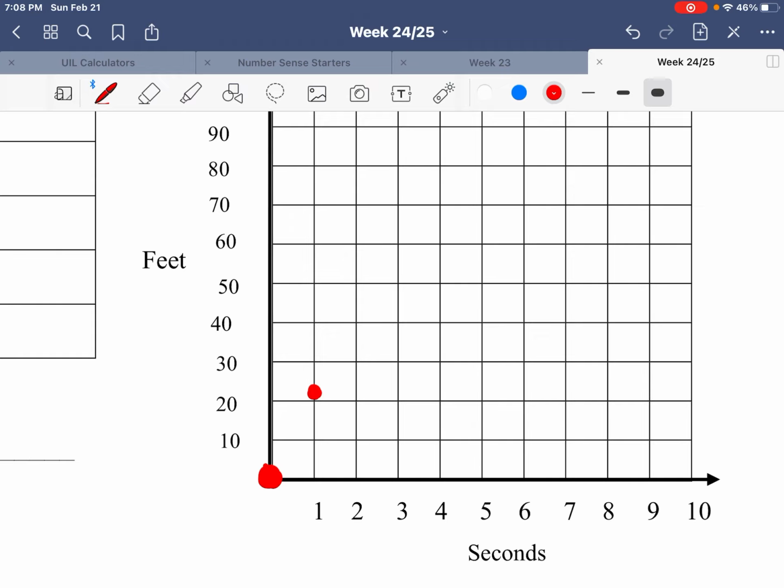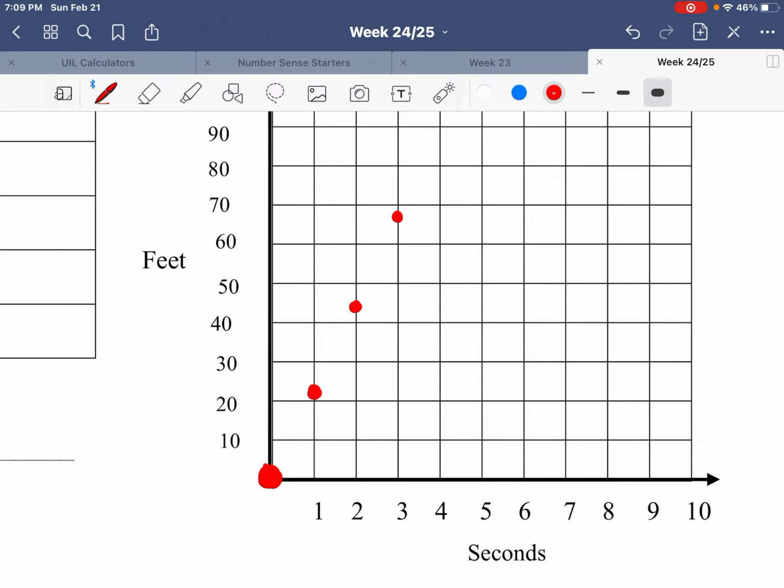And then we'll do the same thing with 2 seconds, he'll have run 44. So that'll be less than half, but a little bit more than the 22 on the 2 on the x-axis. And then for 3 seconds, it'll be closer to 70, but not quite 70 on the y-axis. And of course, it'll be on 3 on the x-axis.